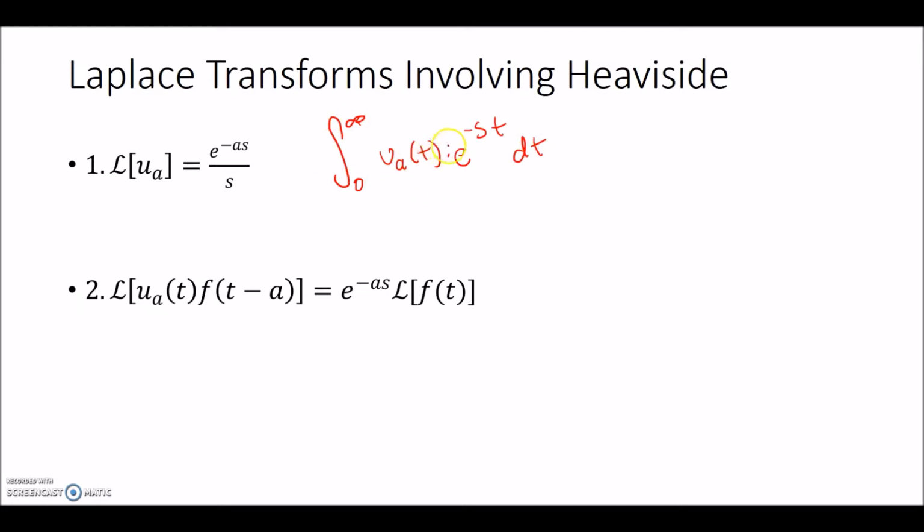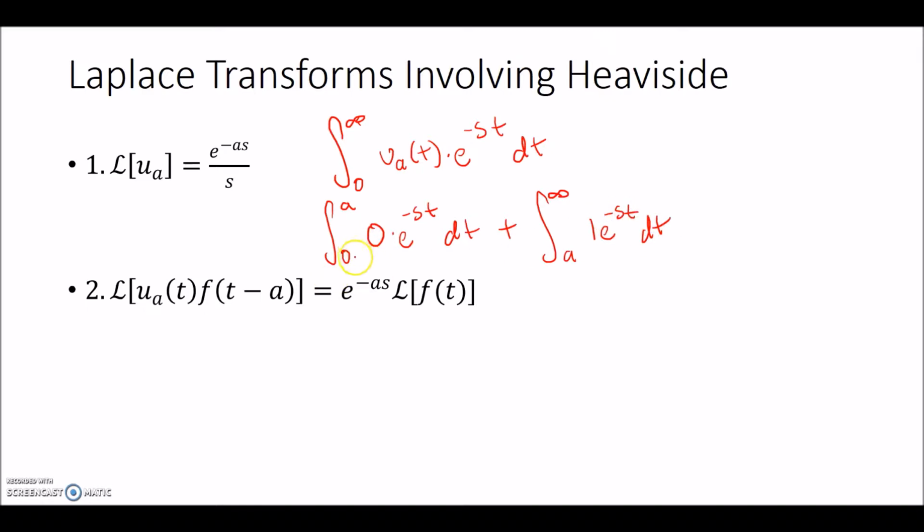Now, this might seem like a complicated integral, but here's how it really works. Up until time a, this integral is 0, because if we integrate from 0 to a, we can break up the integral and basically integrate 0 times e to the negative st, since until time a, u sub a of t is valued at 0, plus the integral from a to infinity of 1 times e to the negative st dt.